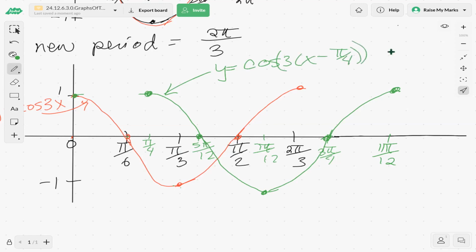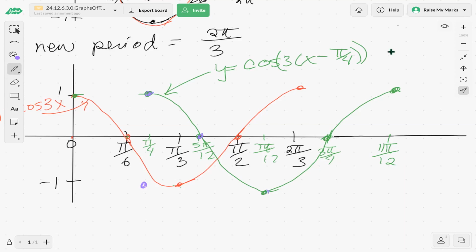Okay. All right, so we're not done yet because we need to consider the reflection in the x-axis now. Let's use a nice purple for that. So now we're going to take all these green points and reflect them in the x-axis. This one up here gets reflected down to -1. The 0 stays where it is.